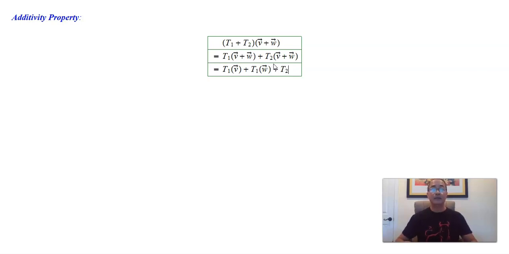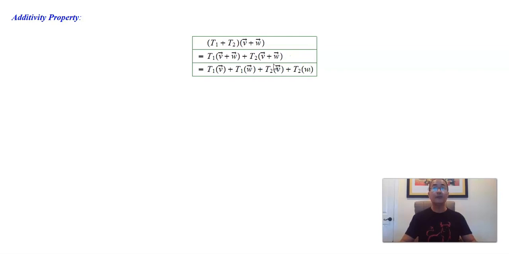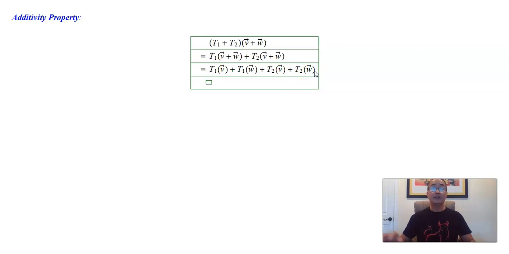And similarly, we have T2 of V plus T2 of W for T2 of V plus W. T2 is also additive. Okay, so now let's use the commutativity property.